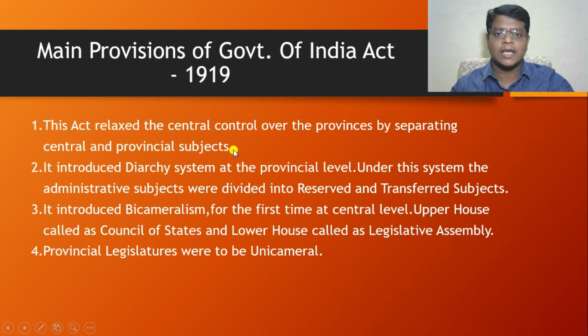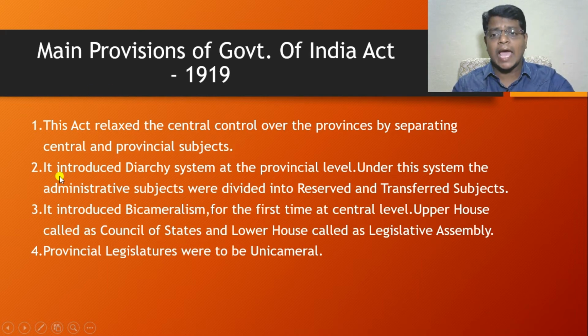For the first time in India, this act separated central subjects and provincial subjects. That's why central control over the provinces was relaxed, meaning states may enjoy freedom in making laws.